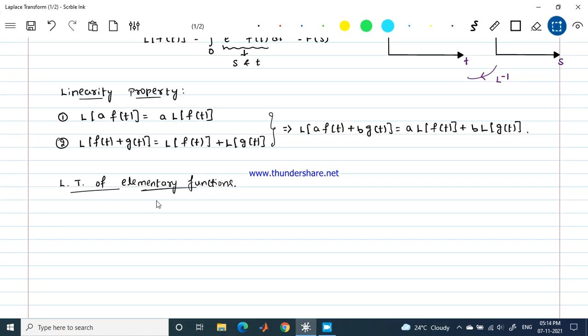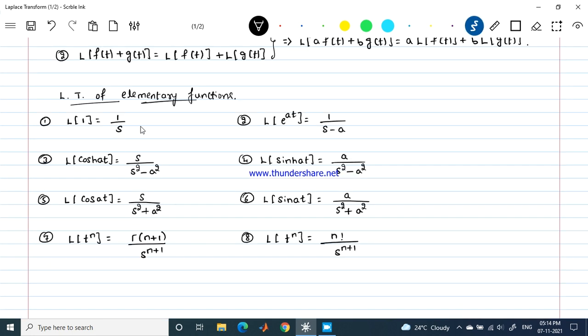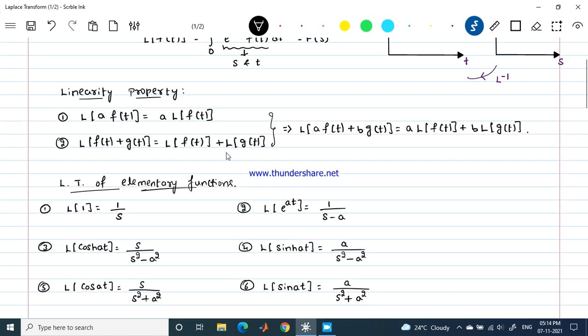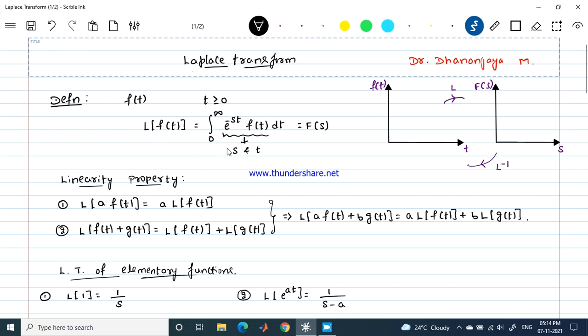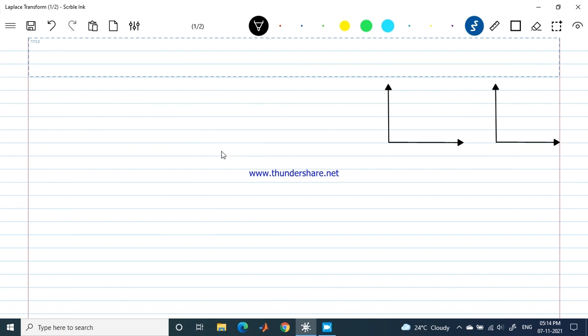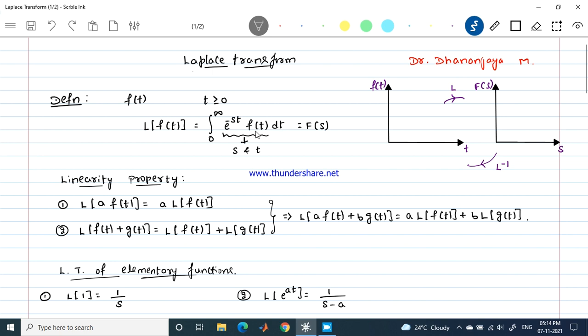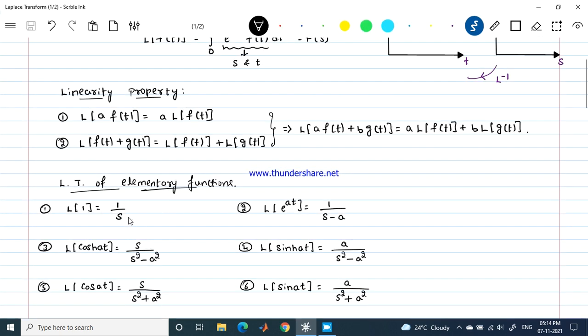Laplace transform of elementary functions. We need the following formulae for the whole chapter. We can derive these by using the definition of Laplace transform. In the place of f of t, if I substitute 1 and integrate this with respect to t between the limits 0 and infinity, we are going to end up with 1 by s.